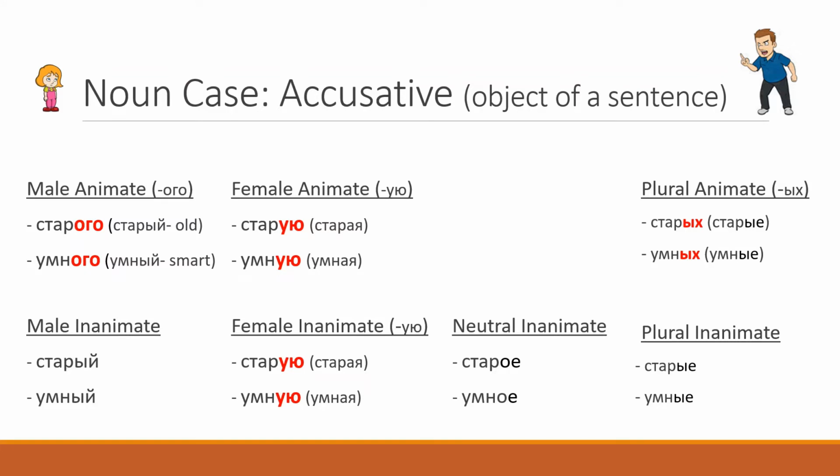For male animate, it is ova. For female, it is uyu. And for plural animate, it is ich. Okay? So, if you've got this down, let's take a look at some example sentences.